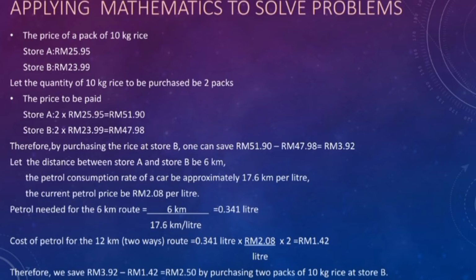Petrol needed for the 6 km route is 0.341 liter. Cost of petrol for the 12 km route is 1 ringgit 42 cents. Therefore, we save 2 ringgit 50 cents by purchasing 2 packs of 10 kg rice at store B.